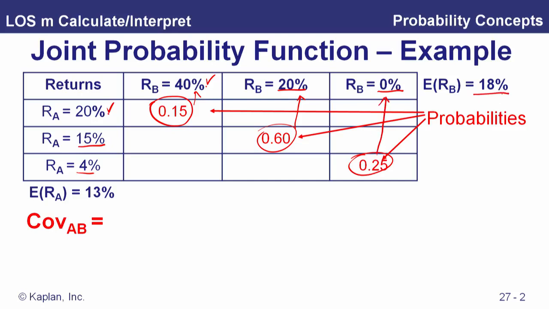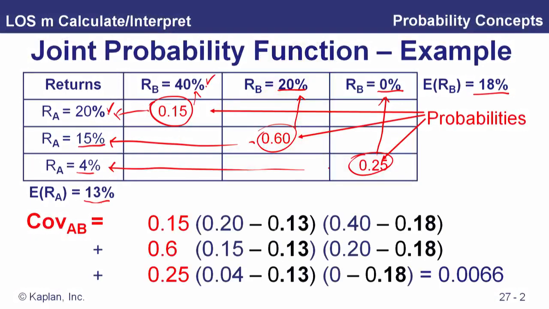That gives us an expected return of 18%. And same over here, 15% times 20 plus 60% times 15 plus 25% times 4. Add them all up, and we get 13%. So we've got our expected return on A and our expected return on B based on those probabilities in the table.